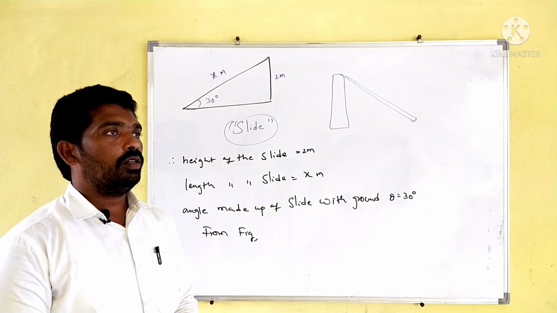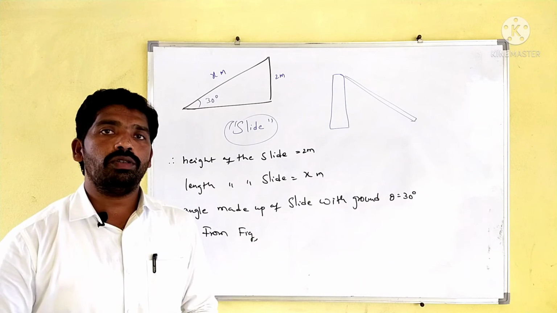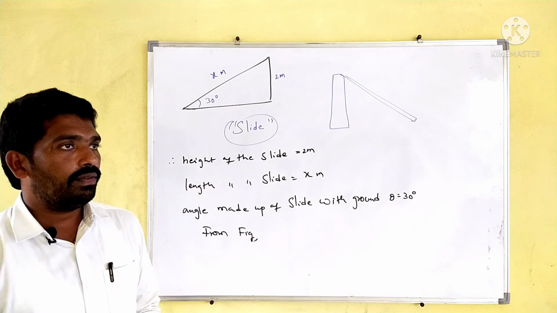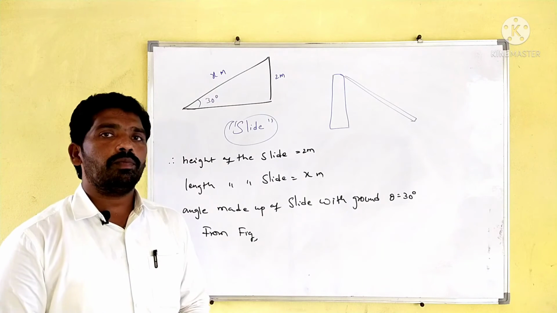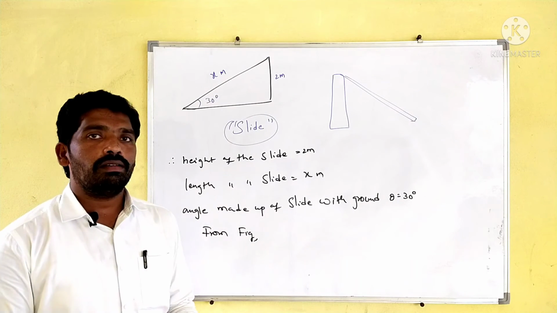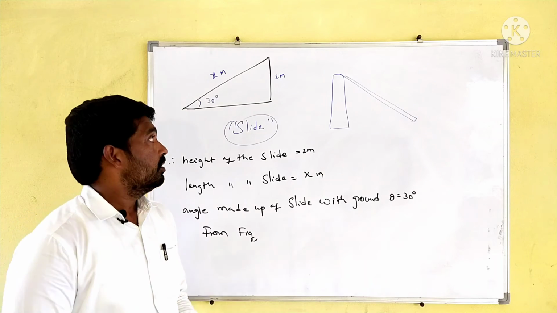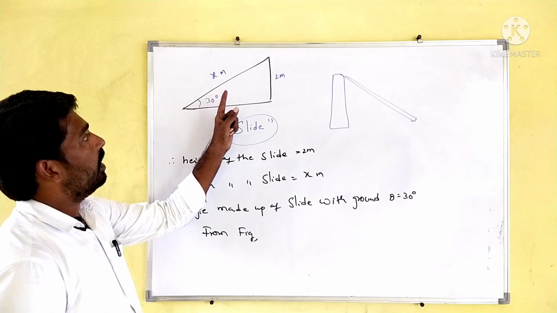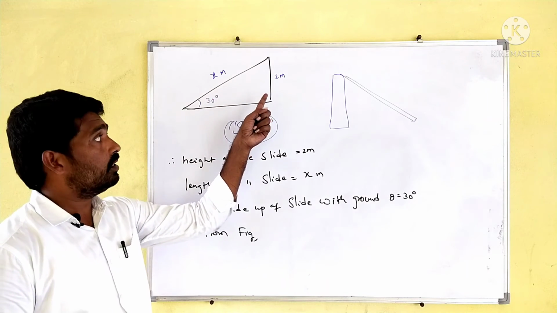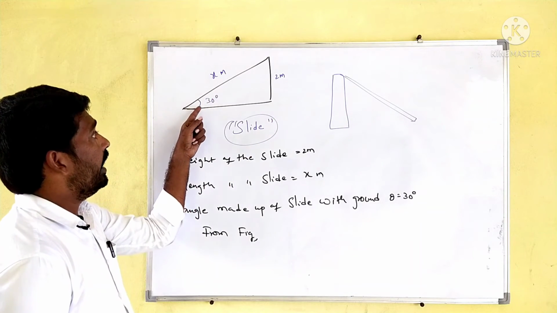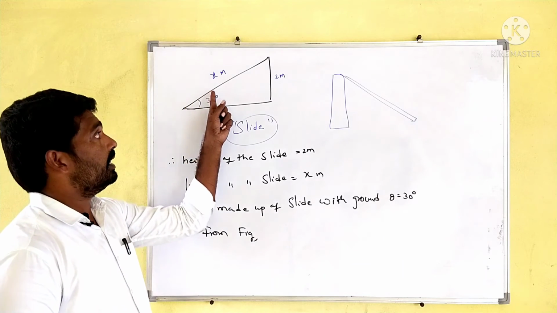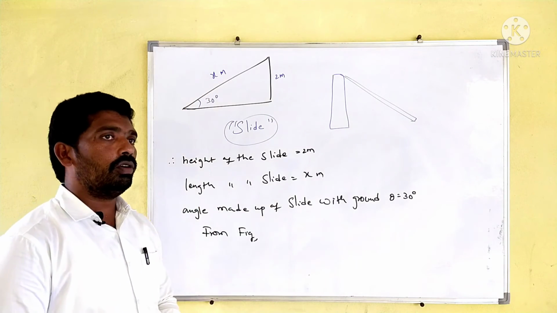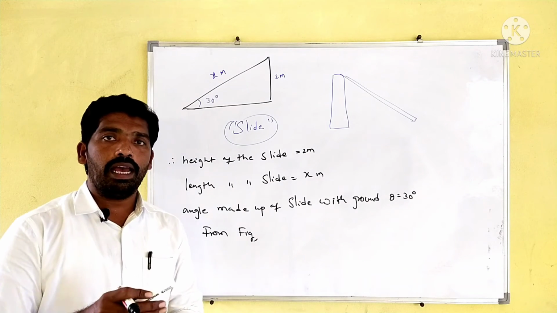Before doing the problem, we first identify the known and unknown values. Known: theta is 30 degrees, and the side opposite to theta is 2 meters. We need to find the hypotenuse, the line of sight. Which trigonometric ratio has opposite side by hypotenuse?